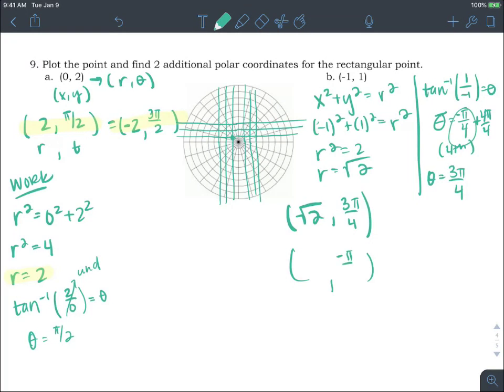So if I am negative pi over 4, so facing this direction, I'm going to have to walk backwards to get to that point. So it's going to be negative square root of 2. Again, there's an infinite number of answers here, but those are some quick, easy ones to find.